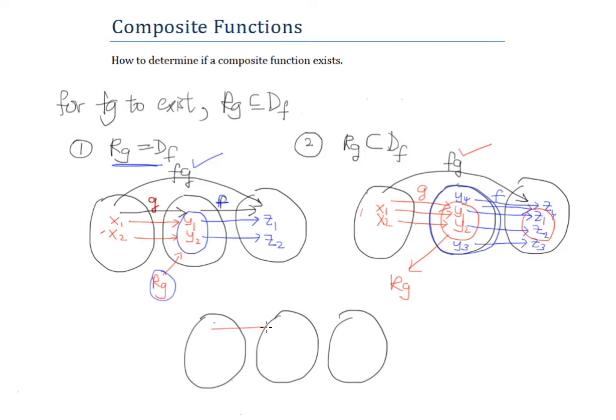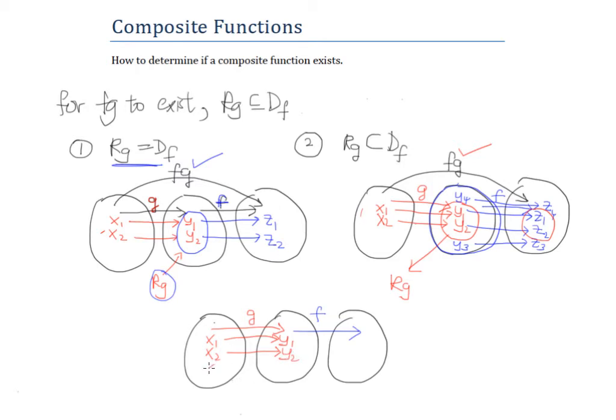We have the first function being g, and we have our x1, x2, and the second function being f. Now here comes the interesting thing. Our fg doesn't exist when this happens: when my x1 maps over, it becomes y1, and my x2 becomes y2.